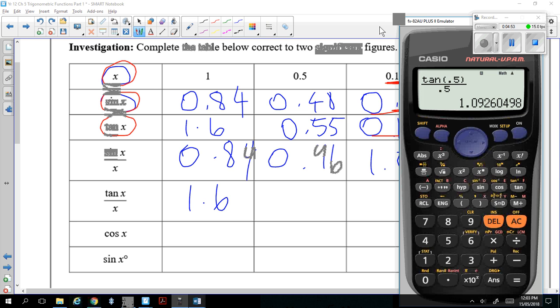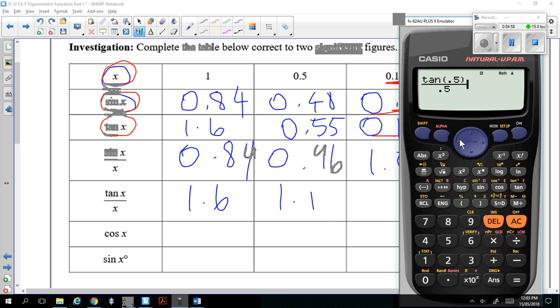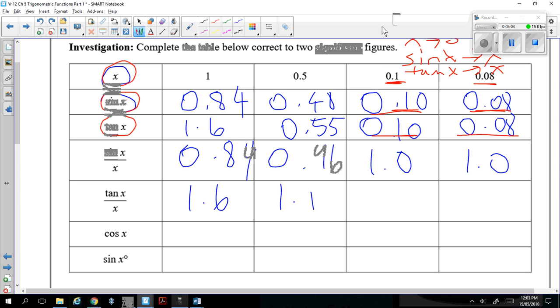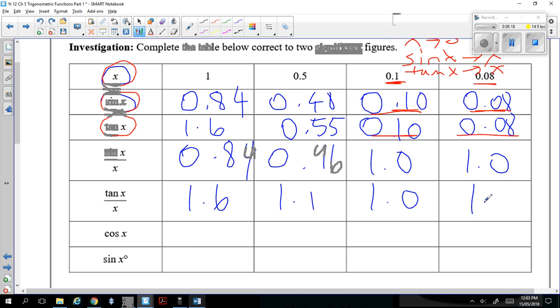And then 0.1, and you will get 1.0. And then 0.08, you get 1.0 again. So we see that as x approaches 0, sine x over x approaches 1, and tan x over x approaches 1.